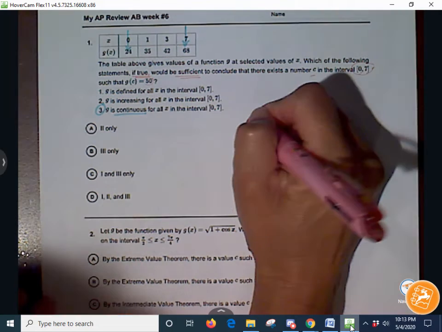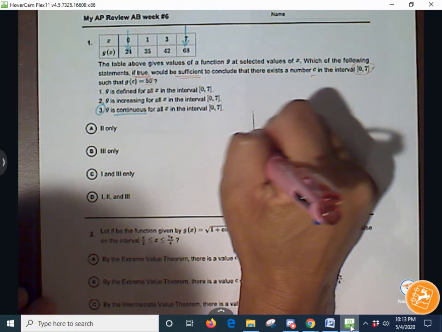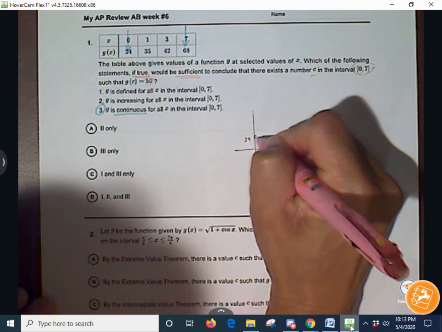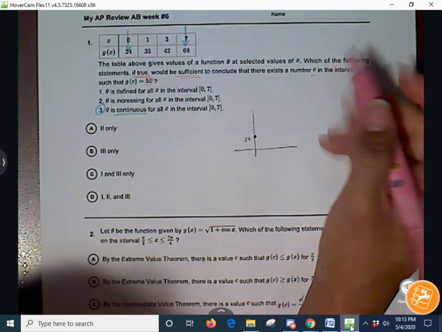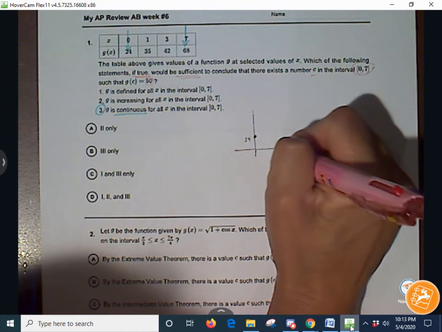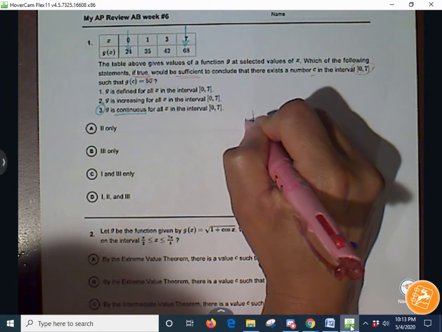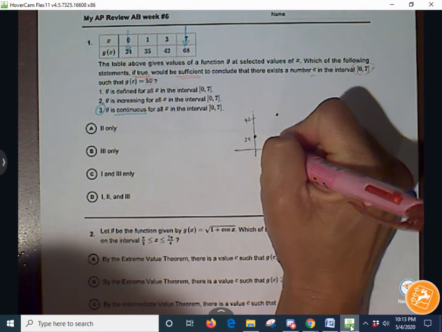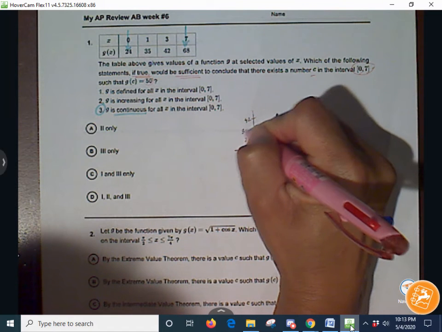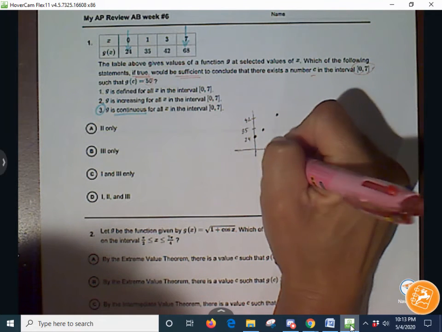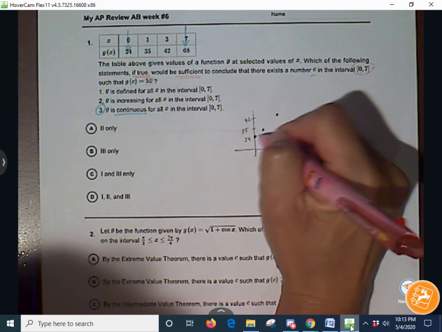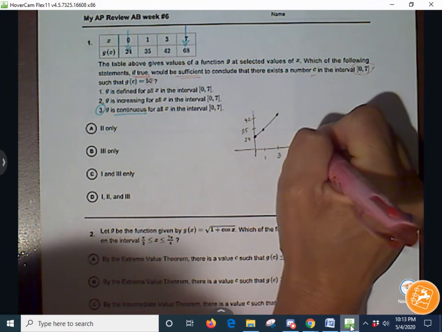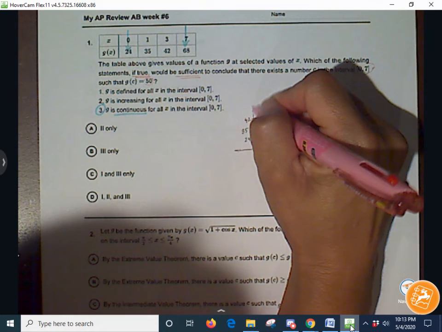For instance, I could have a function g that starts off at 0 and 24. And I'll say that here's 3, and I'm going to say that this is 42. And 1 is going to be 35. And then I've got 7, and that is going to be 68.